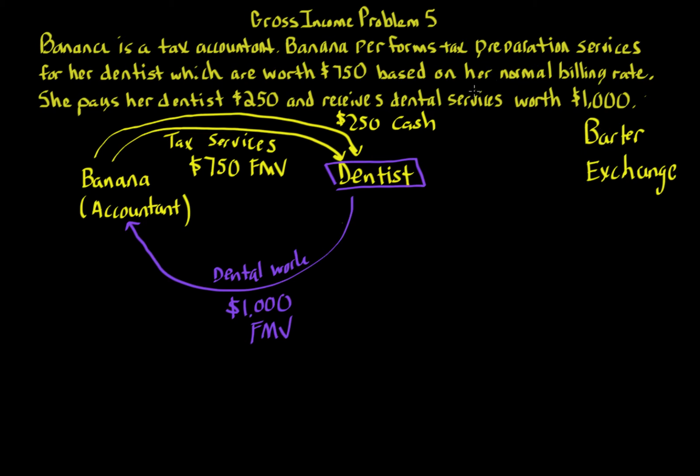So now the question becomes, from a tax standpoint, we're going to look at both sides. Is there any gross income? If you recall, gross income is defined as any income from whatever source derived, a very broad definition under Code Section 61.